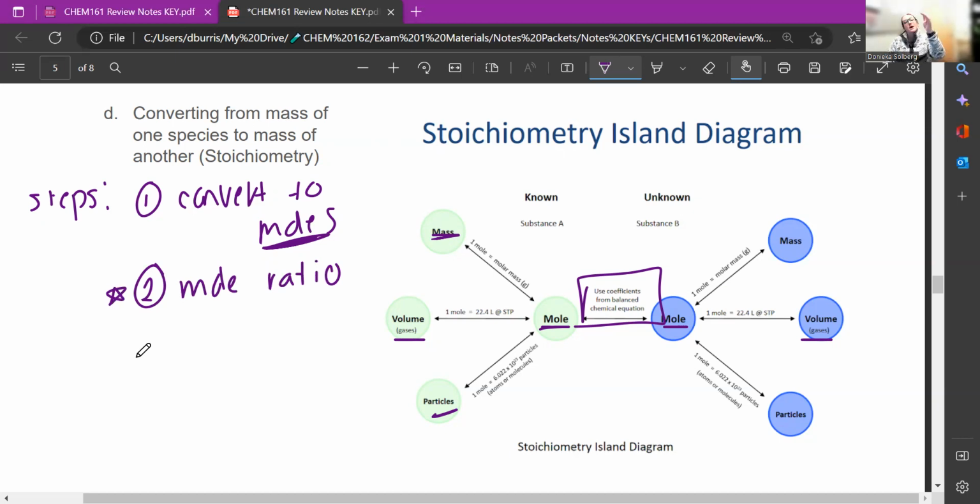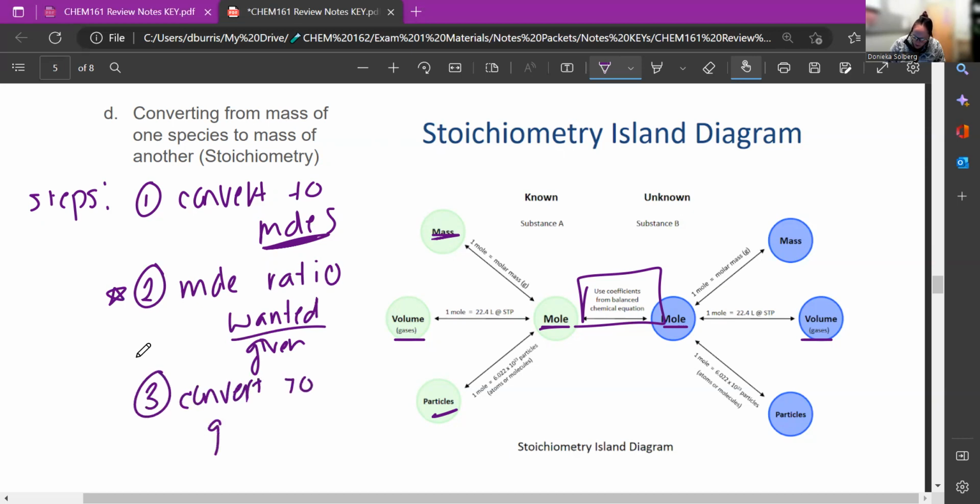If you're not sure what goes on top and what goes on bottom, I like to remember that it's always wanted over given, meaning what you want to find over what you were given in the problem. And step 3 is convert to grams or liters or atoms, particles, whatever your wanted is. You do have to do those 3 steps at the very least.